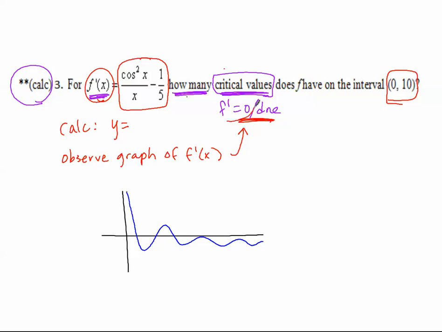Where did the derivative equal 0? 1, 2, 3, no more. Now it only asks how many, not where, so I'm not concerned with where those are happening, just how many times. So how many critical values? 3 critical values. That's it.